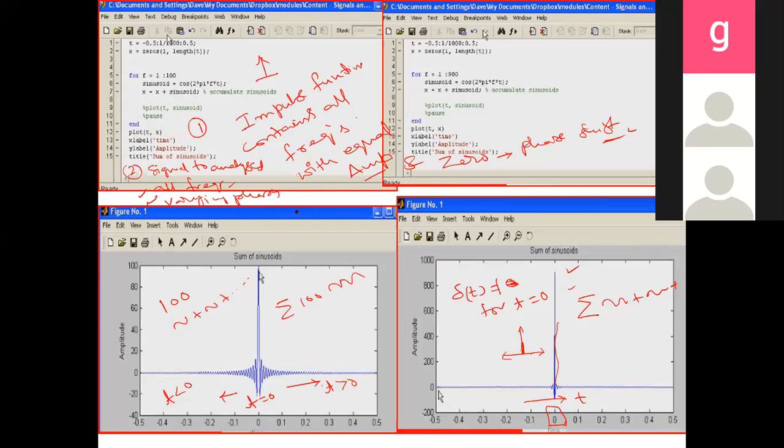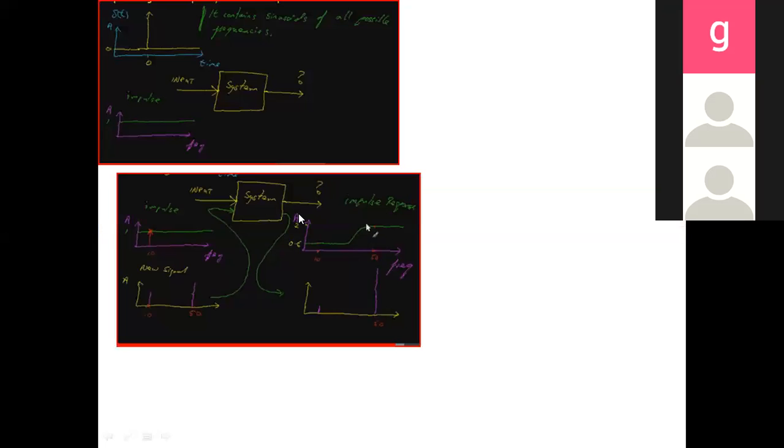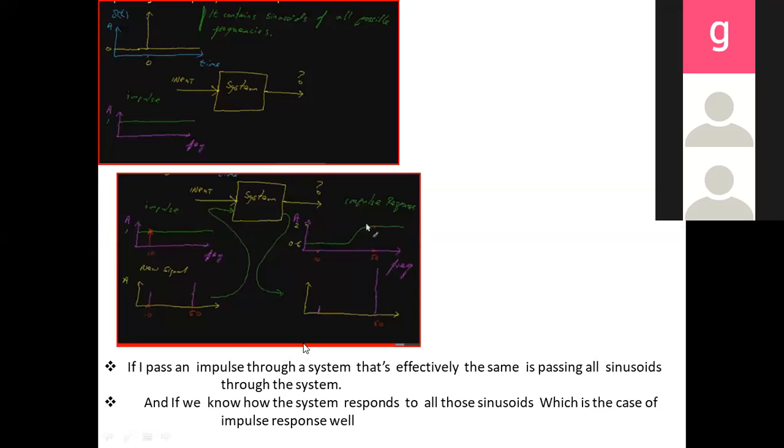Okay, so let me go again. This is what I have drawn as conclusions here. If I pass an impulse through a system, that is effectively the same as passing all sinusoids through that system, because this impulse function contains all the sinusoids with equal amplitude and zero phase shift.